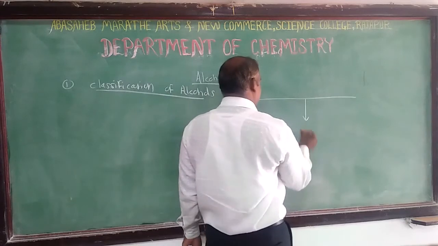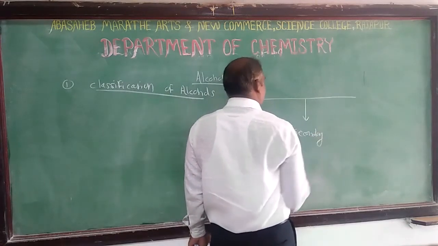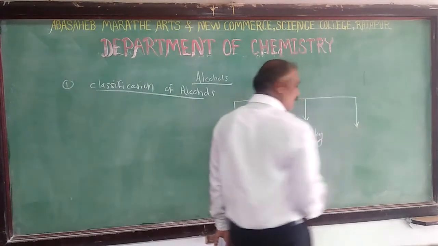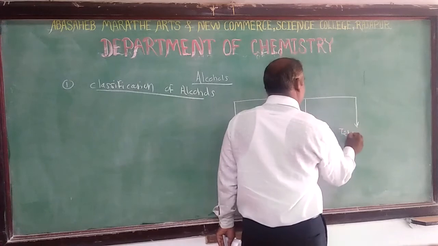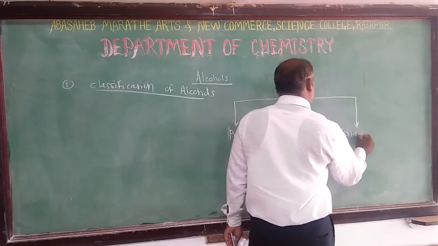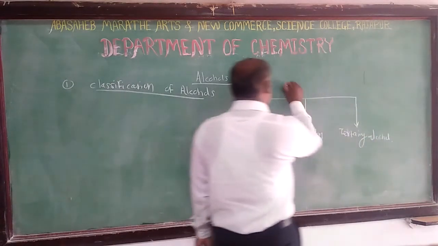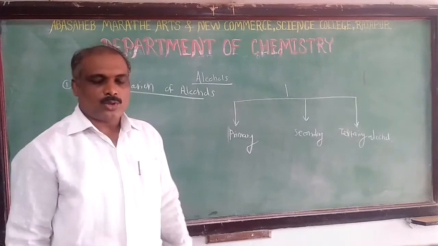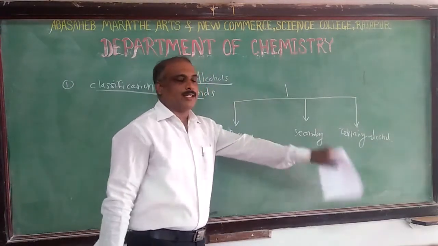Second, secondary alcohols. And third, tertiary alcohols. So alcohols are classified into three types: primary, secondary, and tertiary.